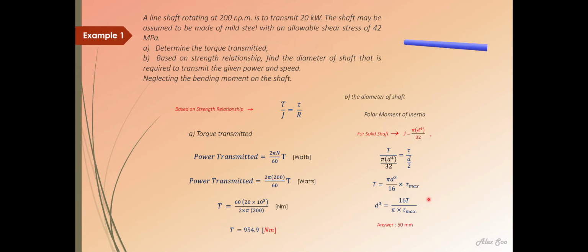That's the first example. Now we go to the second example. Let me read out the question first. A solid shaft is transmitting 1 megawatt, so 10 to the power of 6, at a speed of 240 RPM.